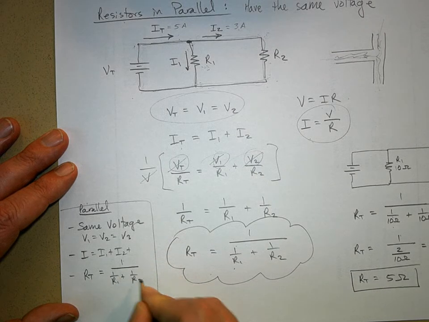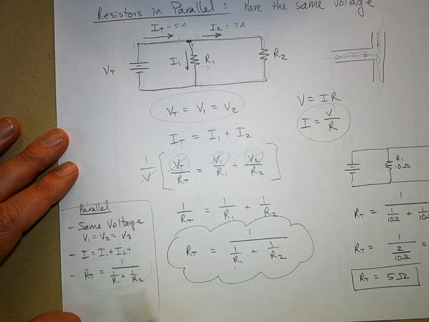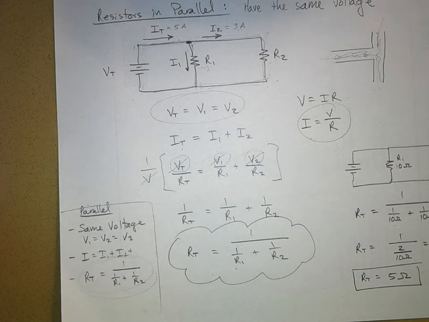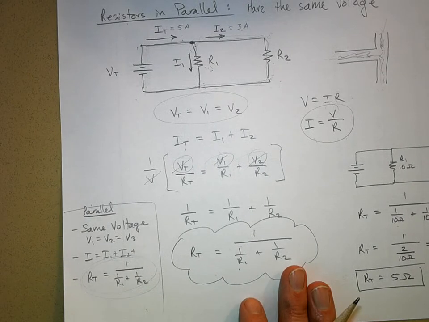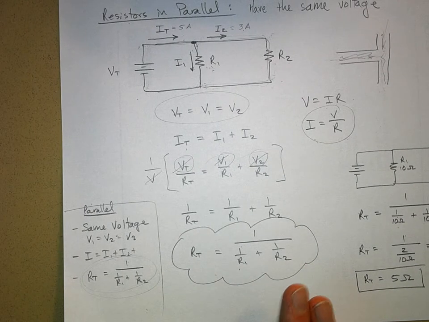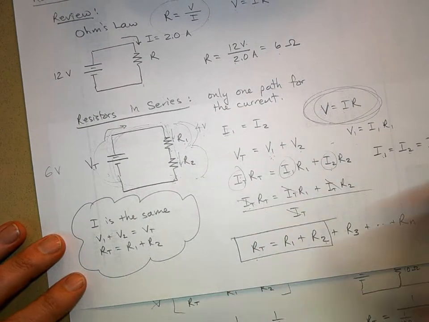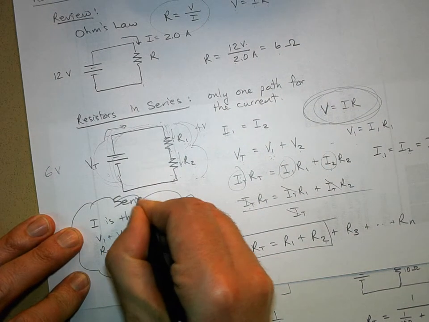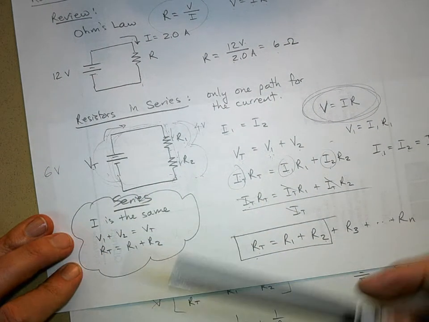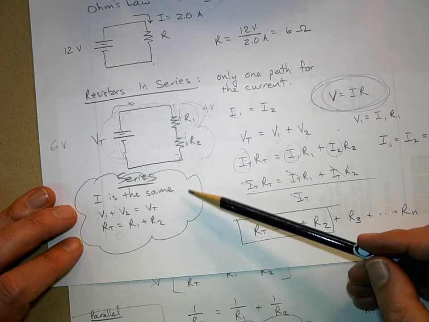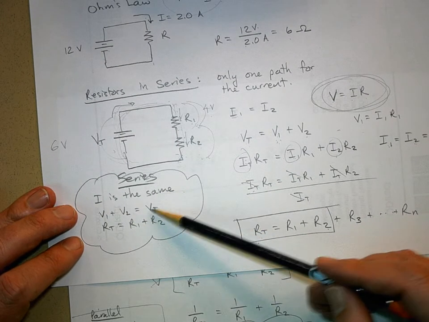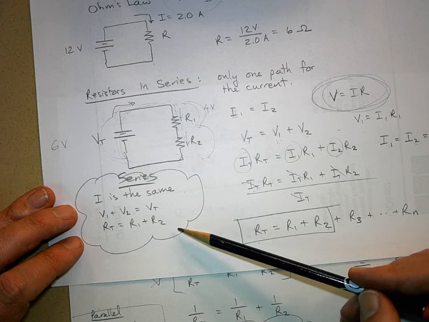This is usually what students have the most trouble with, calculating this, using your calculator correctly and all that. So, resistors in series: the current is the same, but the voltages add up to the total voltage and the resistances add. That's pretty easy.